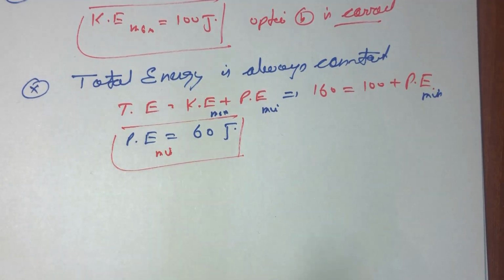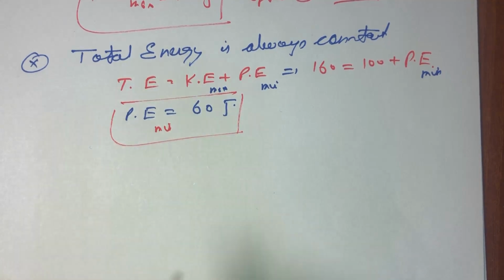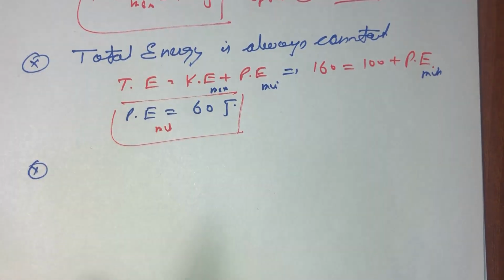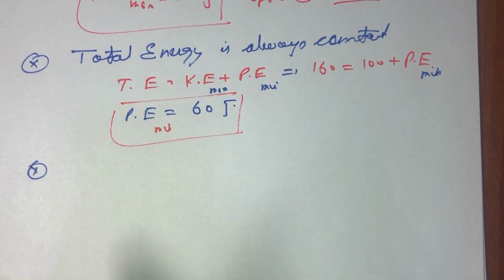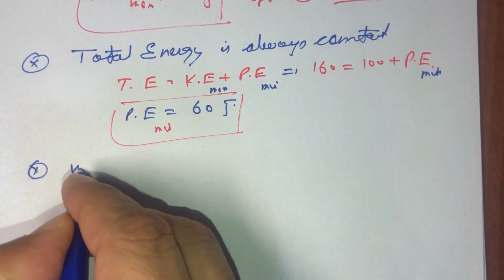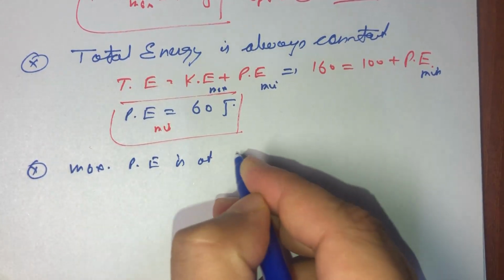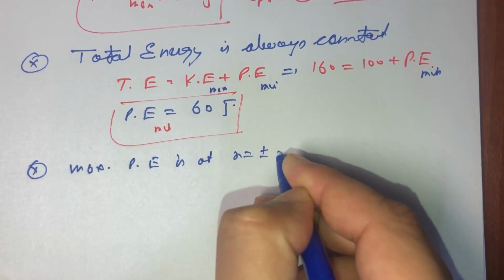Next we are going to find the maximum potential energy, because the question is about the maximum. We know that the maximum potential energy is only at the extreme position, when x is equal to plus or minus a.